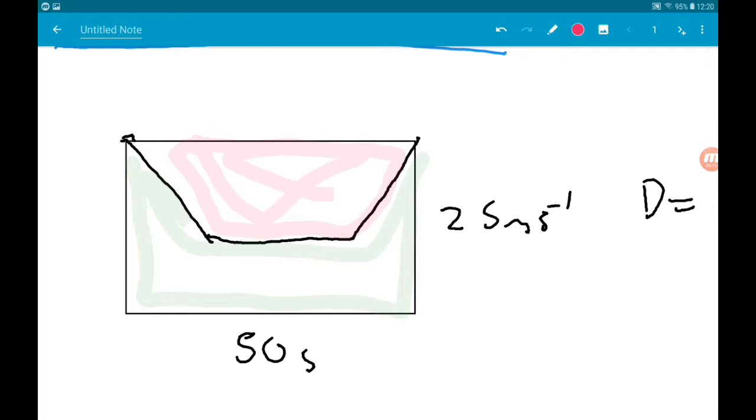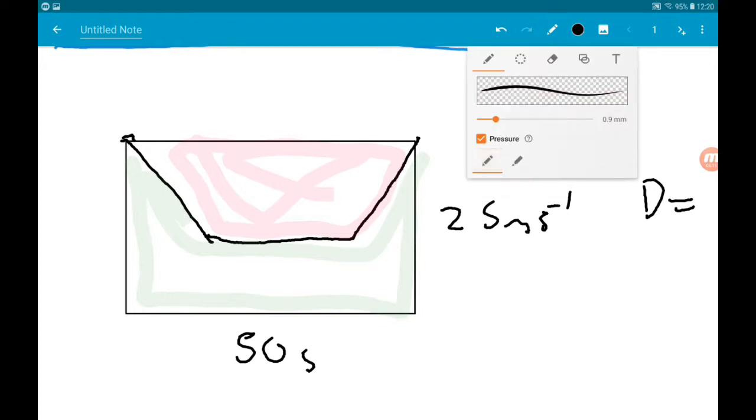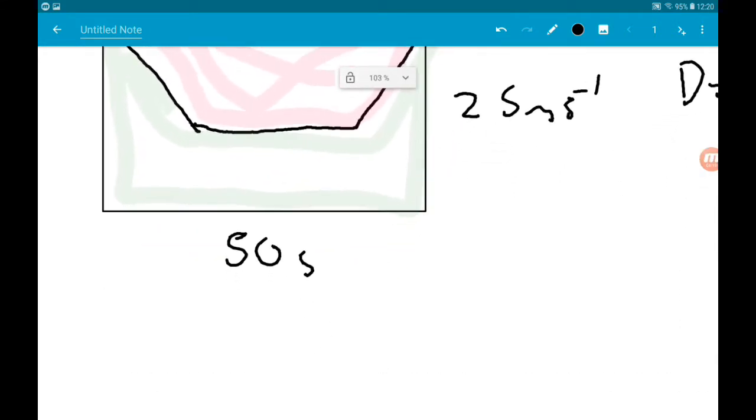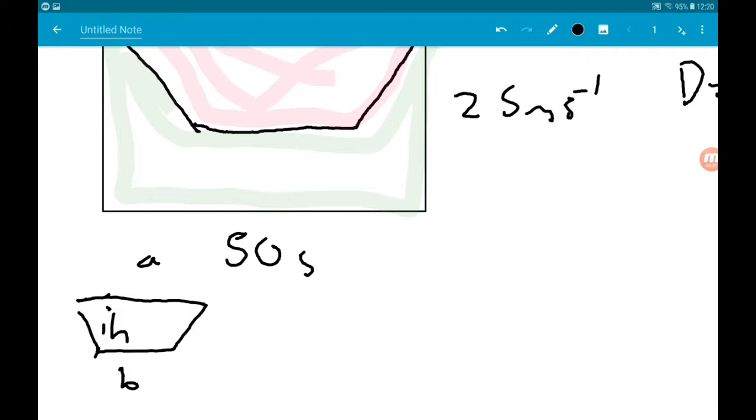So, the area of a trapezium, if we call the bottom B, the top A, and the height H, then the area is H times A add B all over 2.